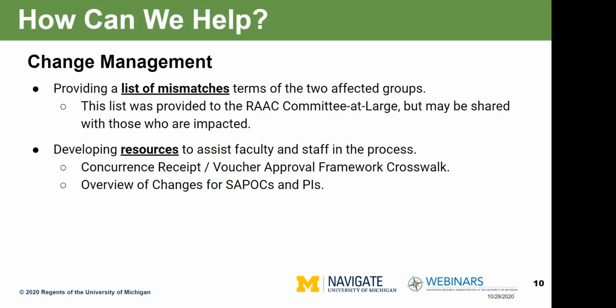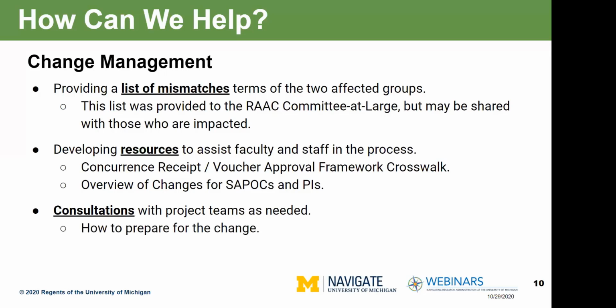Another resource that we're developing is a quick overview of changes for both SAPOCs and PIs, really just letting them know the nature of the change and how the process will change for them within the new system. Additionally, we're happy to consult with project teams as needed, and this could include how to prepare for the change, as well as providing support both during and after the implementation.